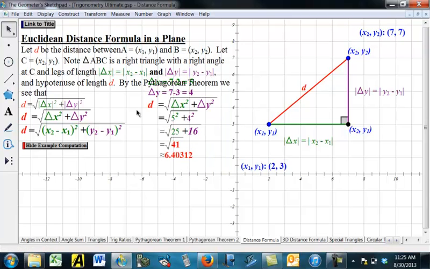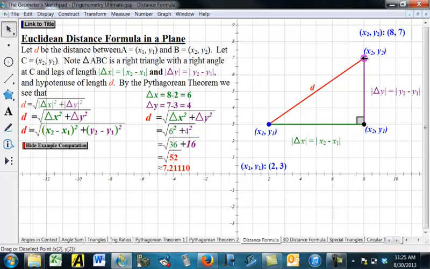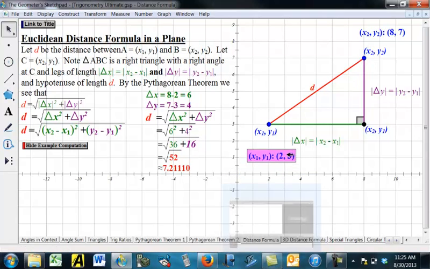Okay, so here's the example that we have. Right now, x1, y1 is at 2, 3. x2, y2 is at 7, 7. Let's make that 8, 7, just to make the numbers different. Then delta x is 8 minus 2, which is 6. Delta y is 7 minus 3, which is 4.